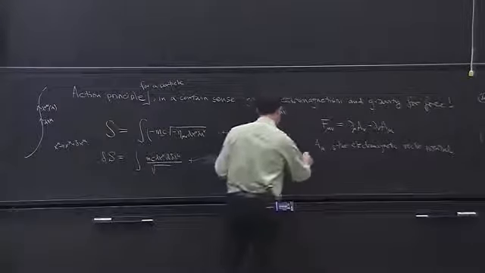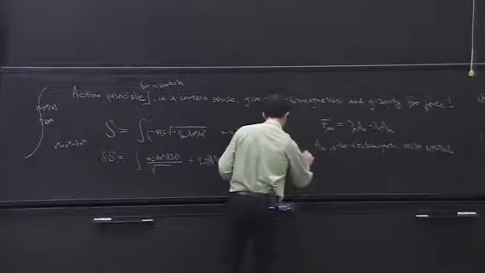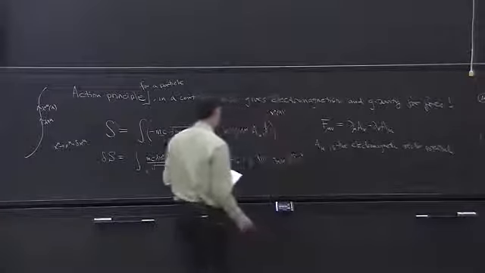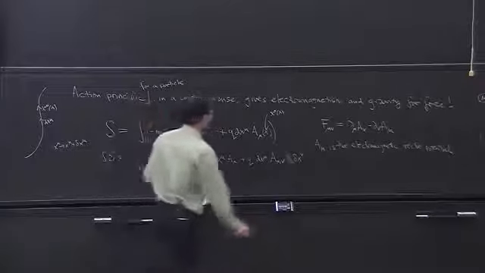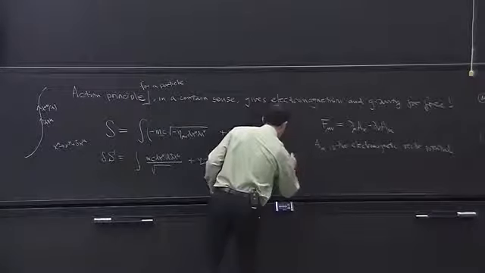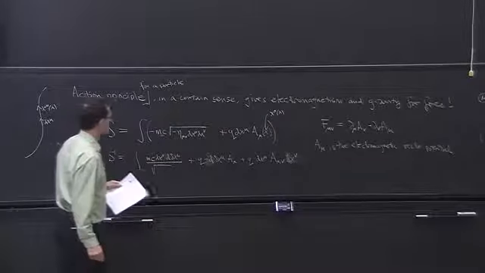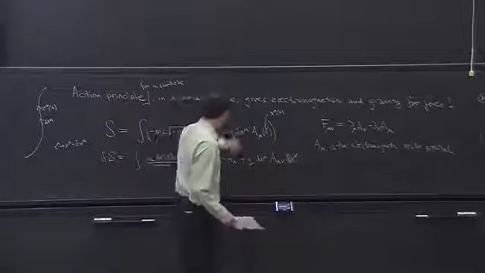Delta x, sorry, that's wrong. Delta x nu. Sorry, that's it. There's no d. Okay. Delta x mu. So I'm just varying that vector potential.